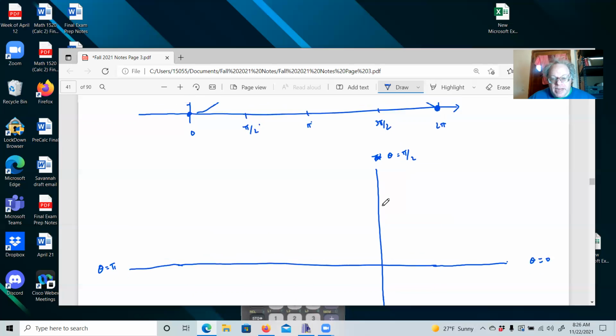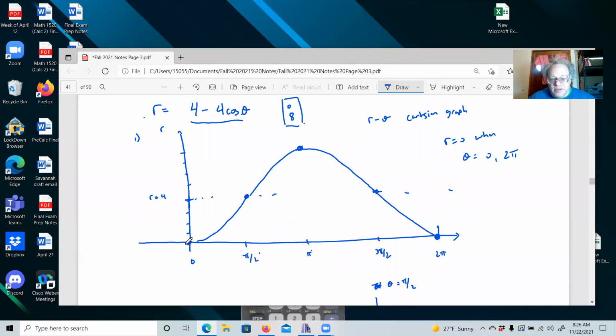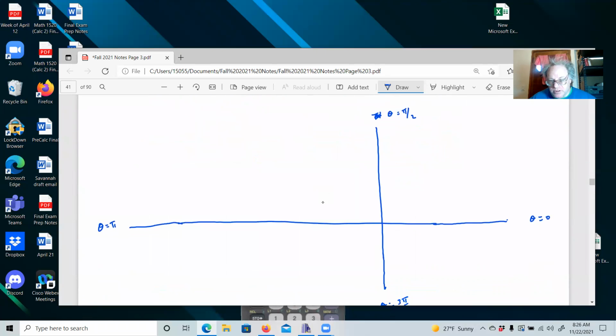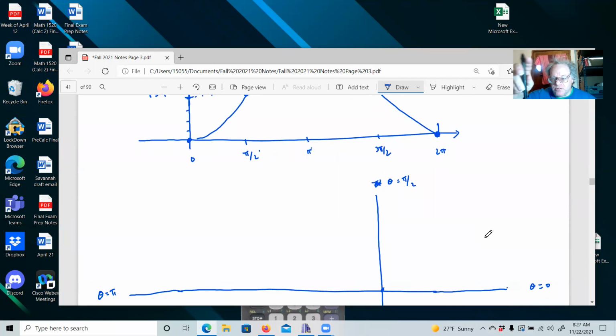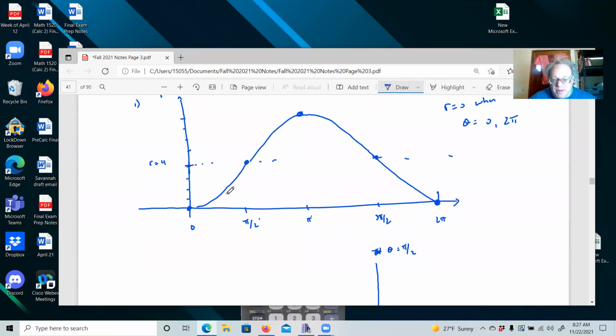Okay, now, when theta is equal to 0, then r is also equal to 0. Now as the angle sweeps from 0 to 90 degrees, what is happening to r? R is moving up to 4.